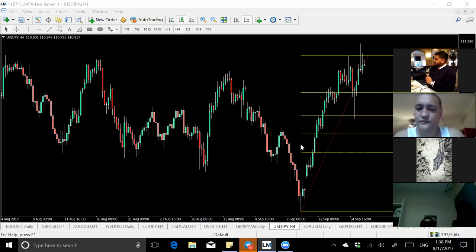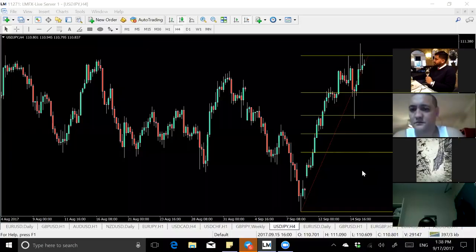So can anyone tell me what piece of information is missing here that, if I put it in, this wick is going to make sense? Can anyone tell me what would have saved us from getting trapped in that sell? There's just one thing missing on the chart.